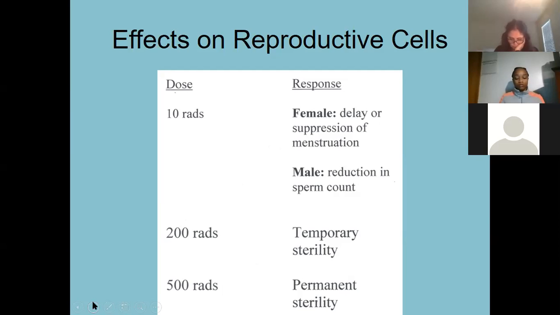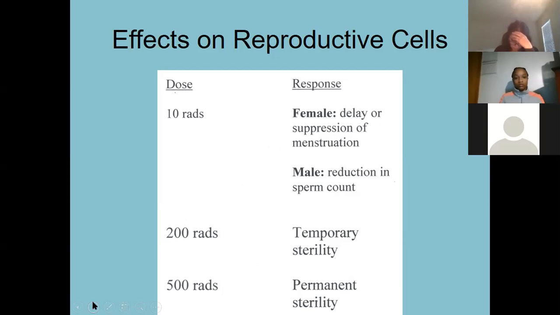And that's because the functional sperm cells are radio resistant. Remember, the stem cells are what's damaged. So you would have a period of normal fertility, then a period of impaired fertility. And if the dose was only high enough to cause temporary sterility, somewhere down the road, maybe 6 months to a year, then normal fertility would return.